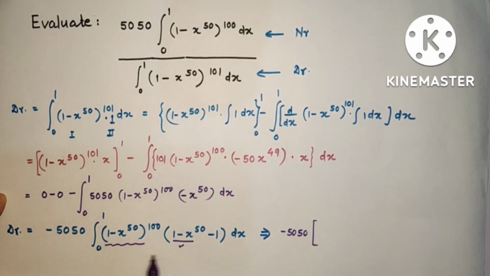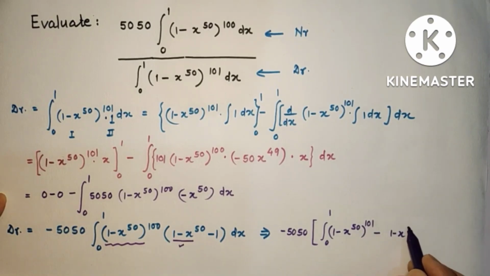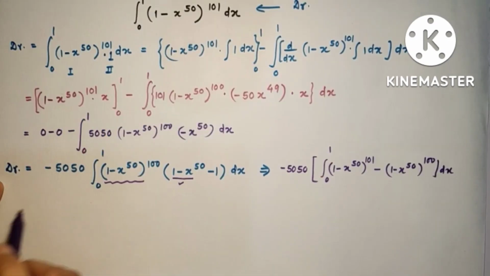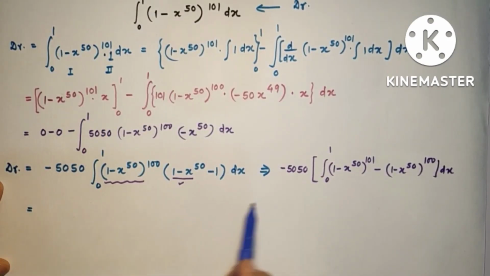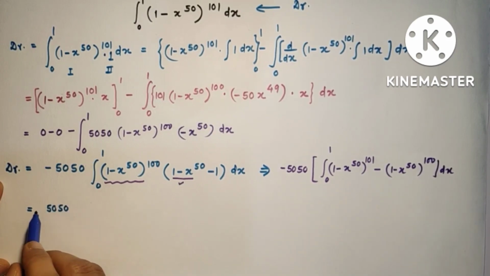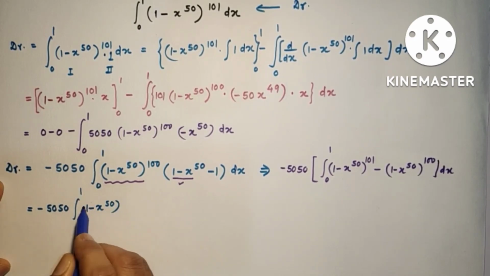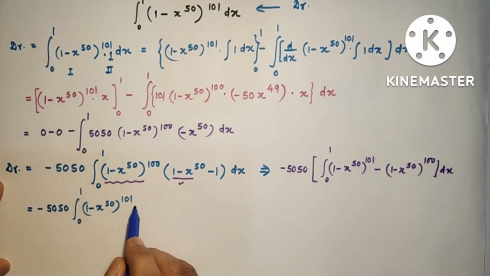And this is multiplied in this, so it will be integral from 0 to 1, (1 minus x raised to the power 50) raised to the power 100 into this 1, raised to the power 101, minus (1 minus x raised to the power 50) into 1, which will be (1 minus x raised to the power 50) raised to the power 100, dx. This is equal to minus 50, 50 into this and minus 50, 50 into minus this, so it will be minus 50, 50 integral from 0 to 1, (1 minus x raised to the power 50) raised to the power 101 dx.